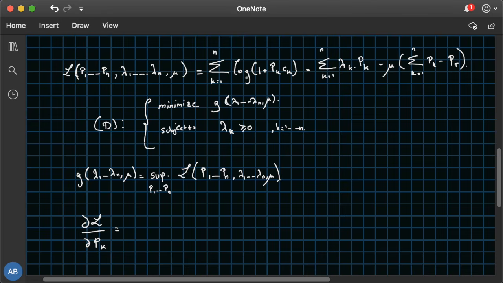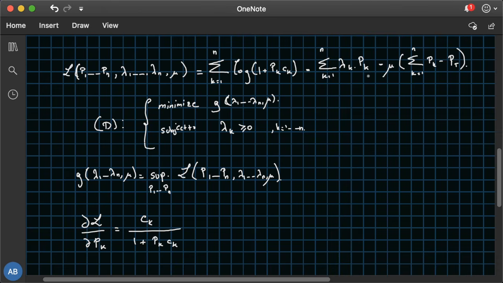We know that the derivative of log is the derivative of the argument over the argument itself. Deriving with respect to pk, pk only shows once in the sum log, in the kth term, log 1 plus pk ck. So the derivative would be ck over 1 plus pk ck, right?